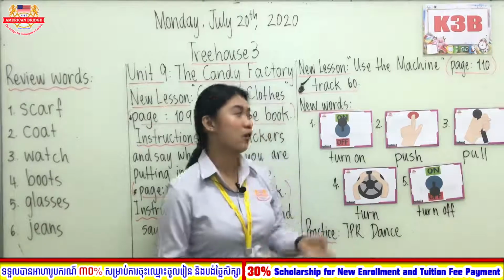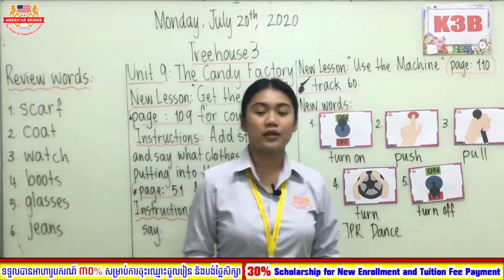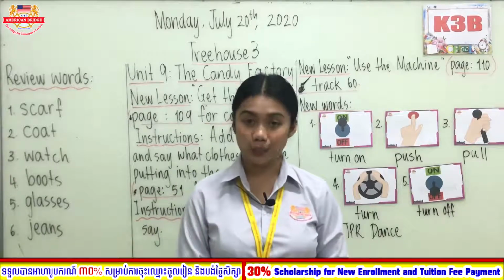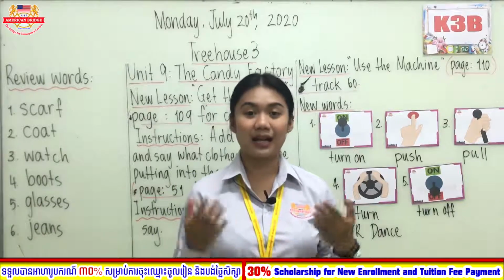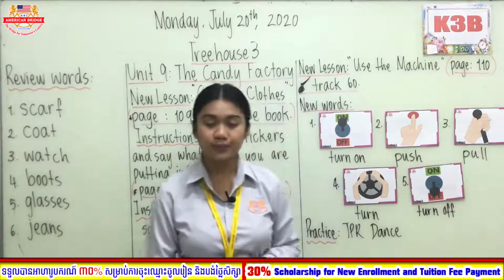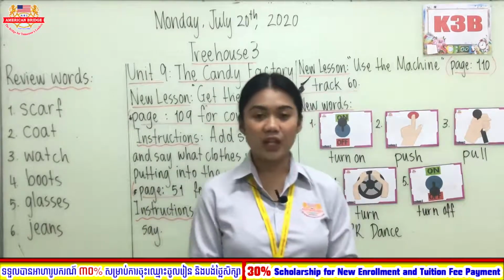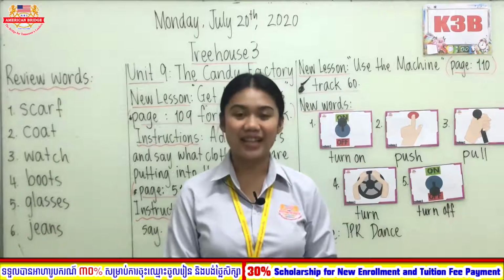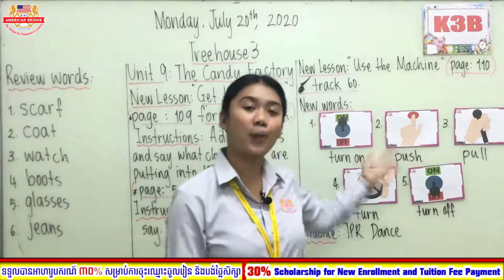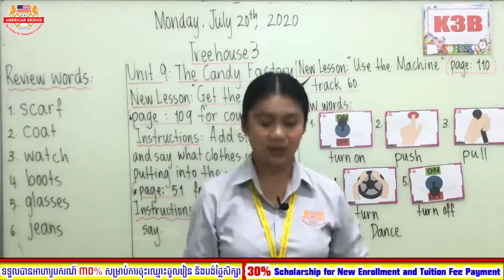Alright everyone, so these are our new 5 words. Don't forget to read and spell, practice at home. Okay everyone? So teacher will show you the video and let's dance all together. But before that everyone, open your book on page 110.